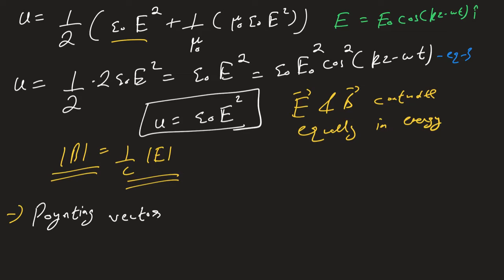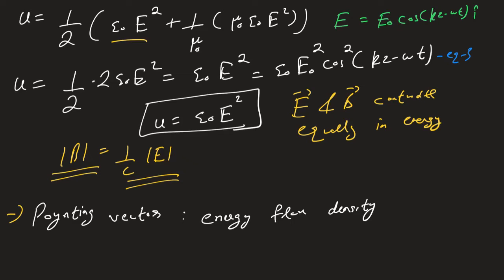And the Poynting vector physically, what it meant was that the Poynting vector was the energy flux density. The Poynting vector was the amount of energy coming out of a volume.